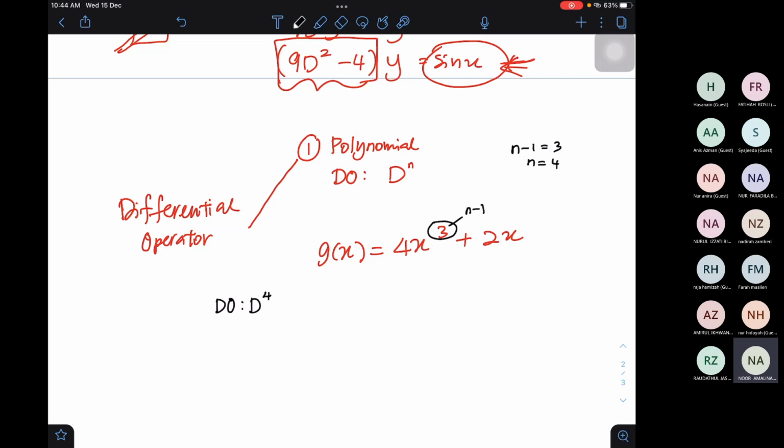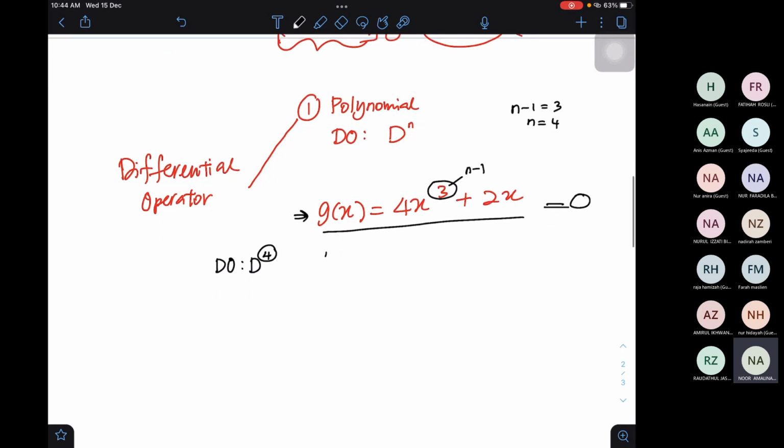What is actually d4? Okay. D4 is your annihilator operator, where the annihilator operator is the differential operator that make your function here to become 0 by the process of differentiation. Meaning that if you are differentiate your function here 4 times, you will get 0.